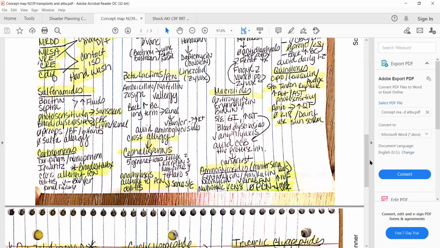Erythromycin, azithromycin, Biaxin. What's the beauty of this drug? What do we love about it? It's important.